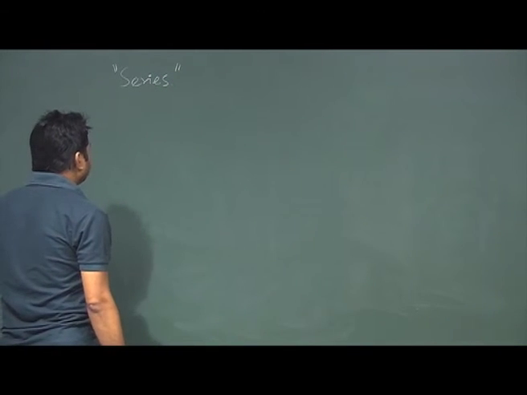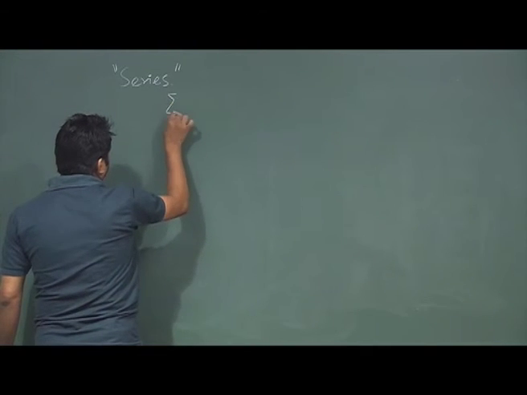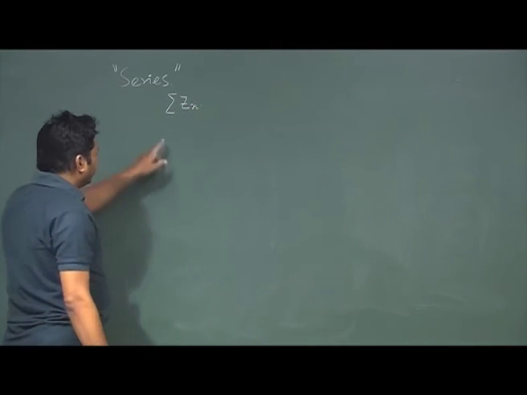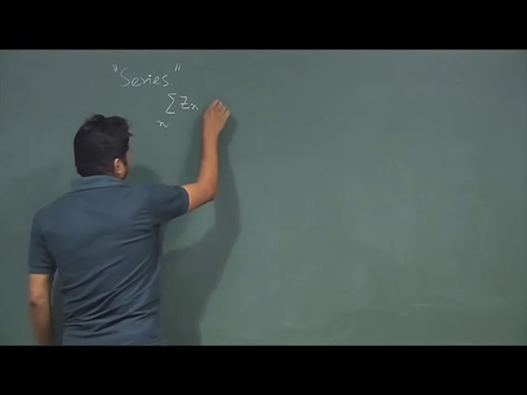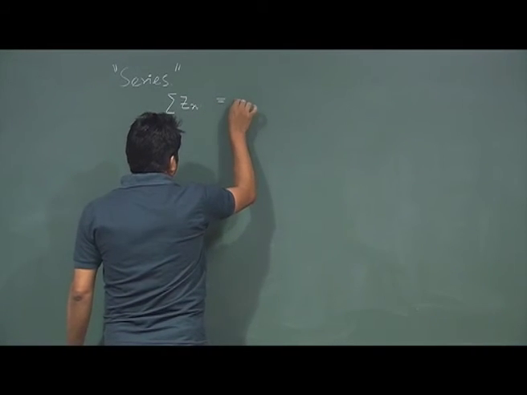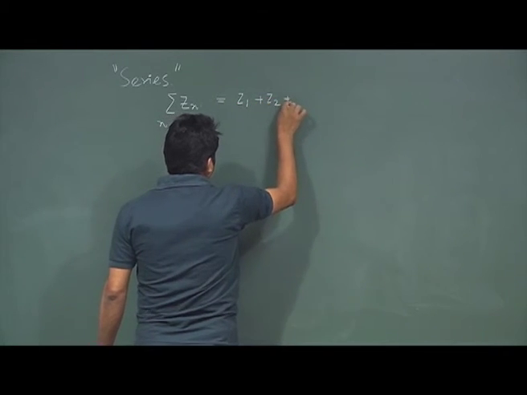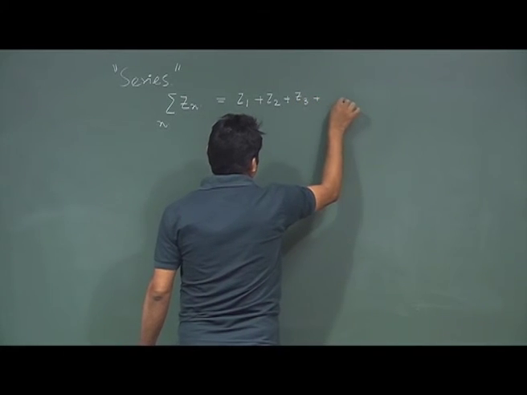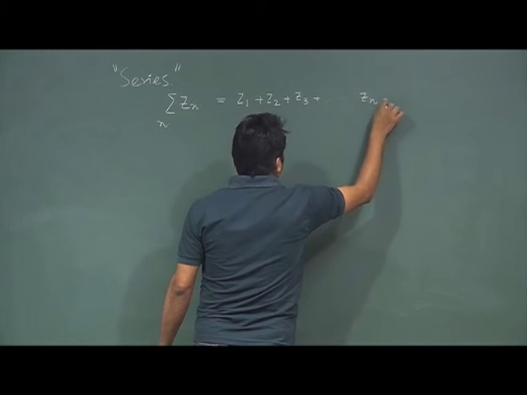So, series is something where I have this quantity Zn, some quantities I am going to add, say the first one is Z1, the second one is Z2, the third one is Z3, and Zn and so on.